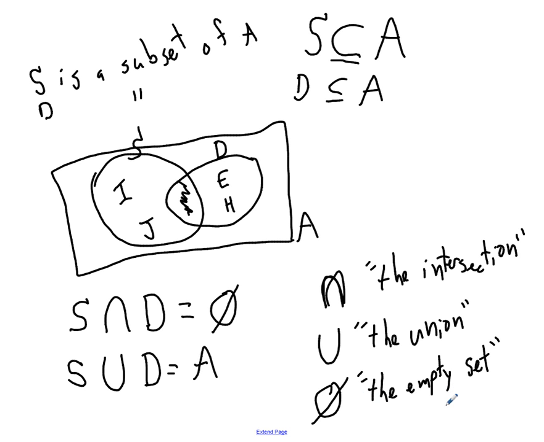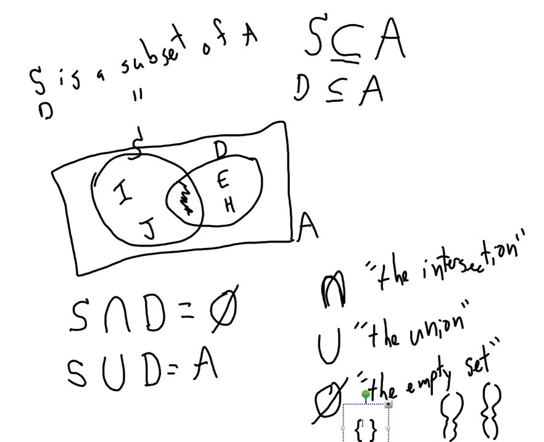Another way to show the empty set is to list everything in it, which is nothing. So it's just those empty braces. Let's try to make that a little nicer. That's a little better. I could type it in even nicer.